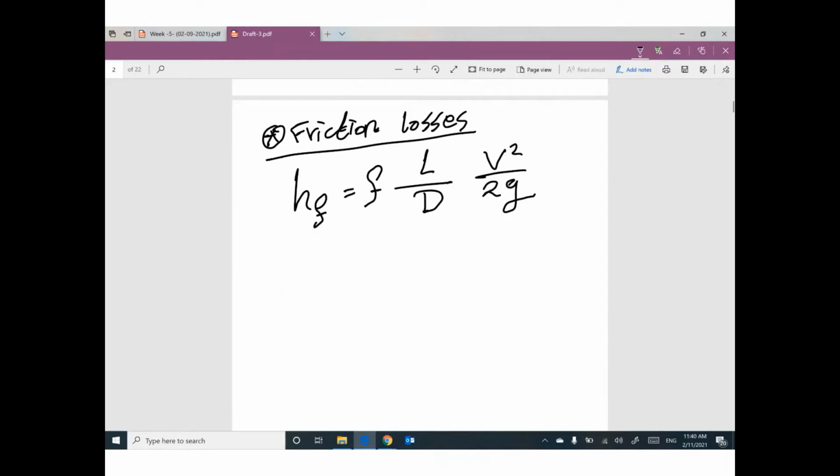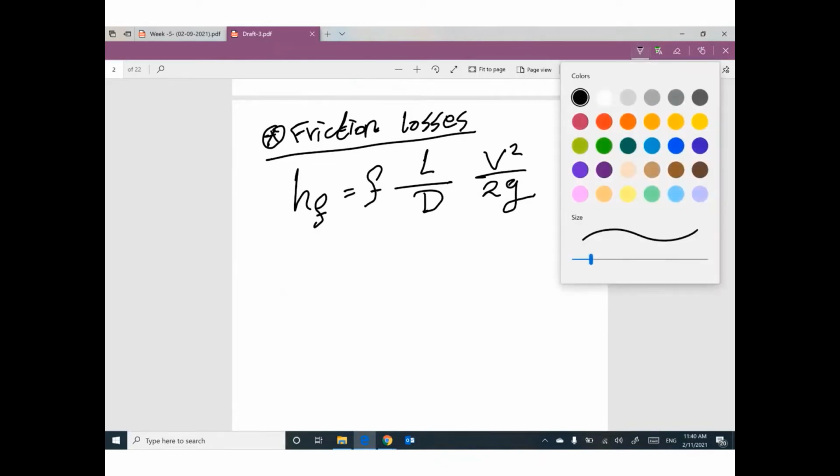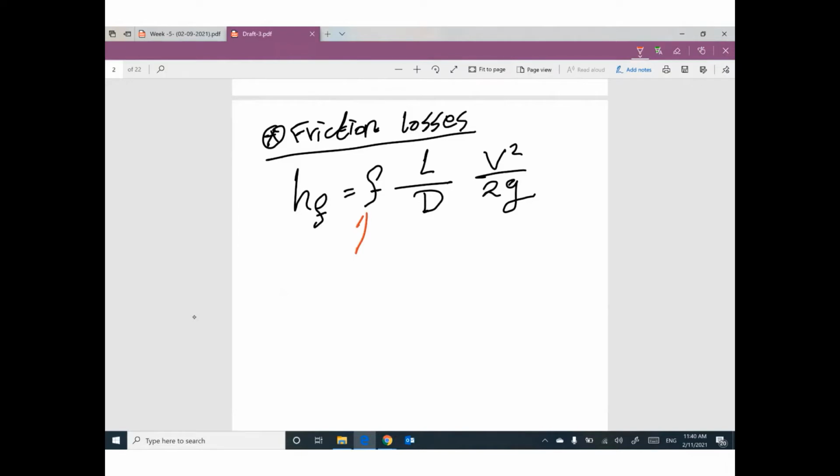And we learned last meeting how we can figure out the value of the friction factor based on the value of roughness divided by D. I can use the given chart to figure out the value of f. L is the length of the pipeline, D is the diameter, V is the velocity, g is the acceleration of gravity.